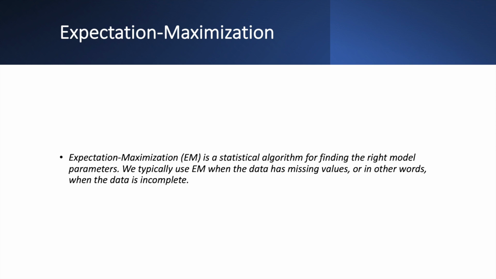Think of it this way. If you knew which data point belonged to which cluster, you would easily be able to determine the mean vector and the covariance matrix. But since we don't have the values of the latent variables, expectation maximization tries to use the existing data to determine the optimum values for these variables and then find the model parameters. And based on these model parameters, we go back and update the values for the latent variable and so on.